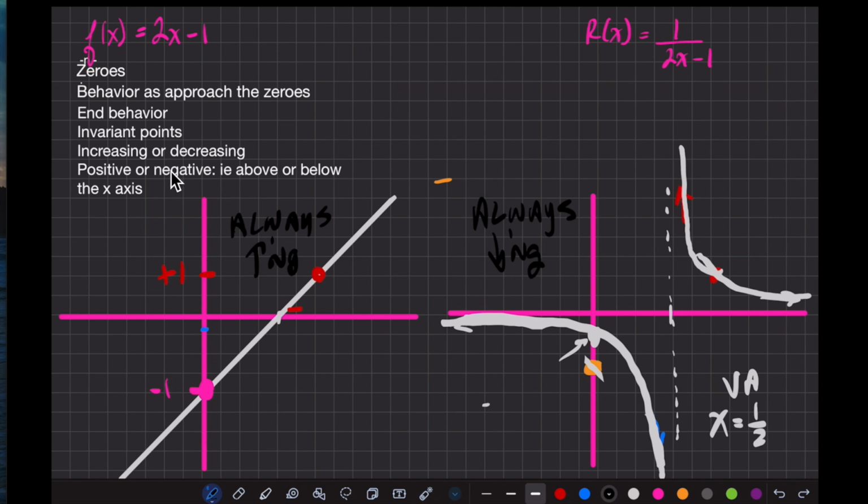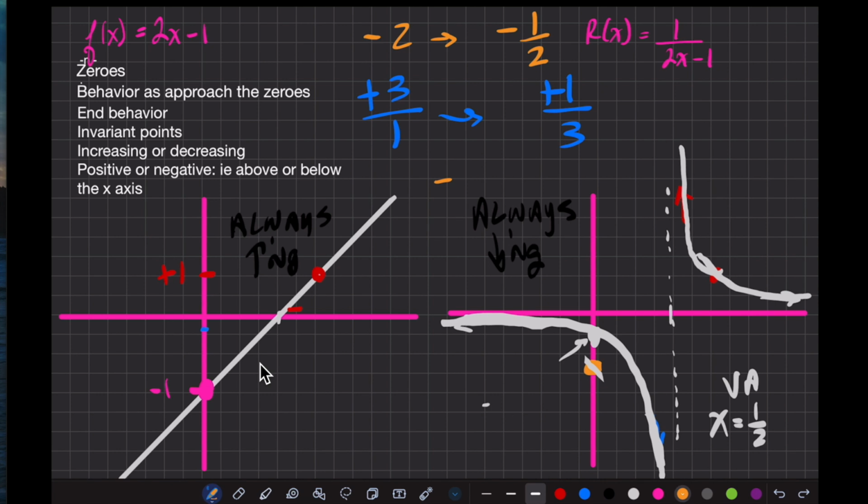Okay, finally, positive or negative, i.e., are you above or below the x-axis? Keep in mind, if you have a positive number, positive 3 over 1, and you do the reciprocal, it's going to stay positive. Same with a negative number. If you have negative 2 and you change it to negative 1 over 2, it's negative. So look at our original graph.